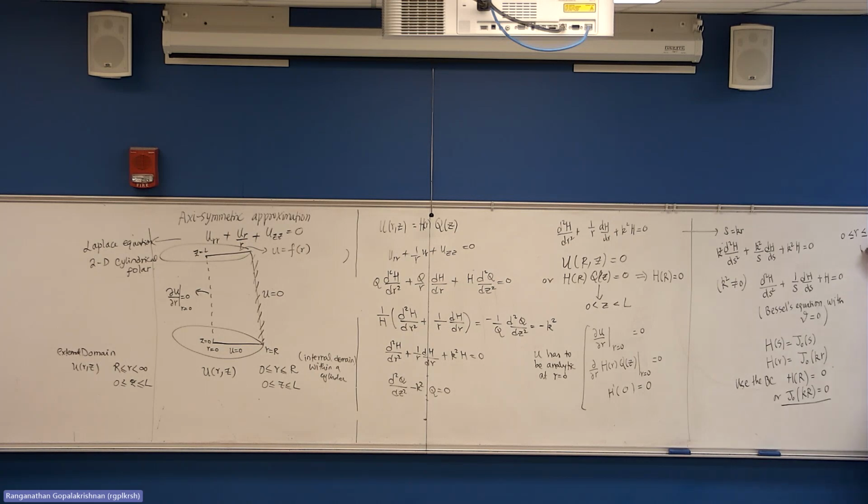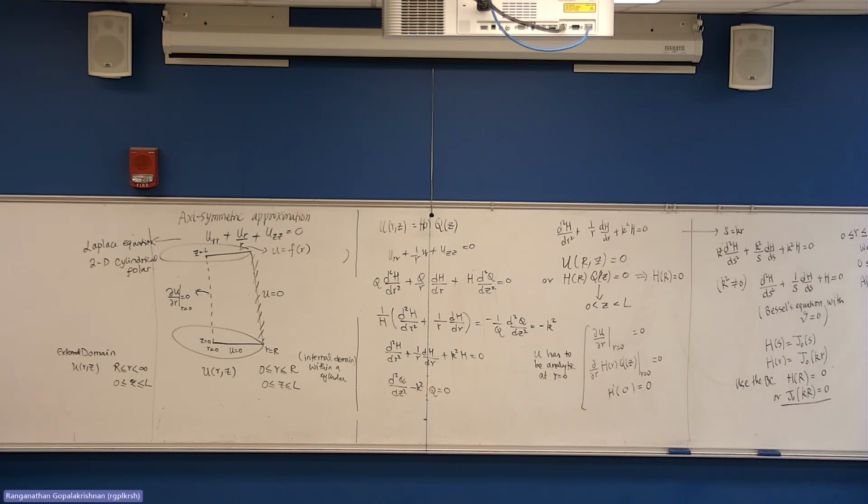So we are interested in all the values of kR, uppercase R, that lead to J naught of kR equal to 0.